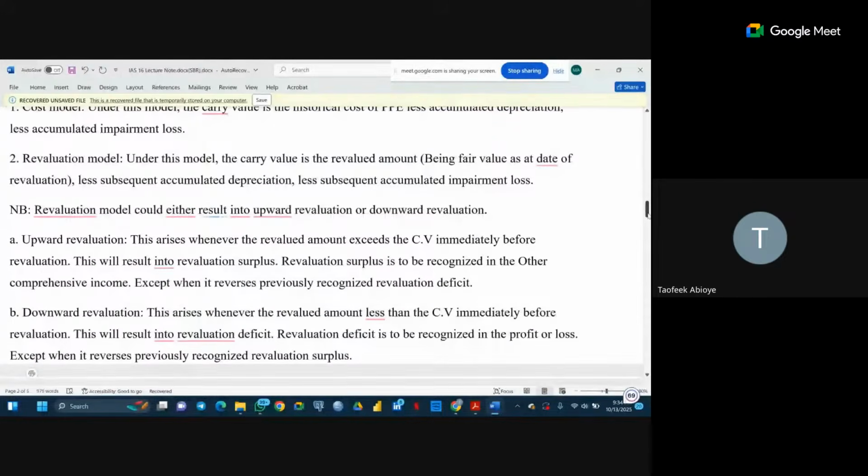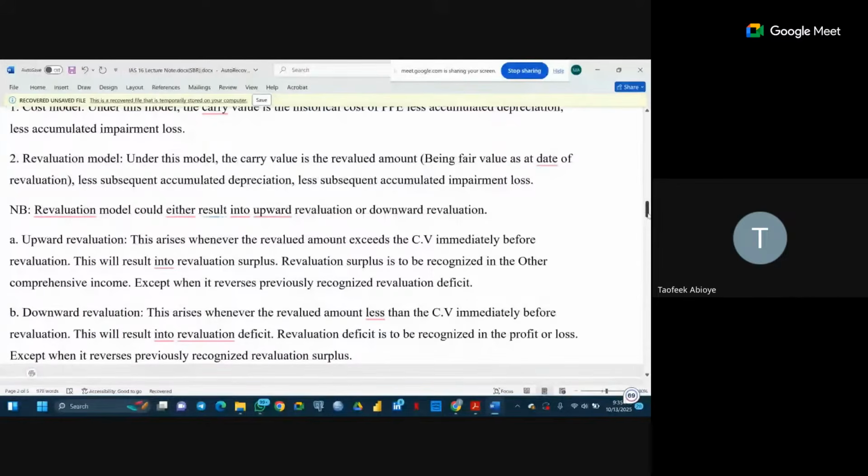So upward revaluation arises whenever the revalued amount exceeds the carrying value immediately before revaluation. That means the carrying value of the asset before revaluation is less than the value of the asset after revaluation. The value we have before we carry out the revaluation exercise is lesser than the value we have after it.